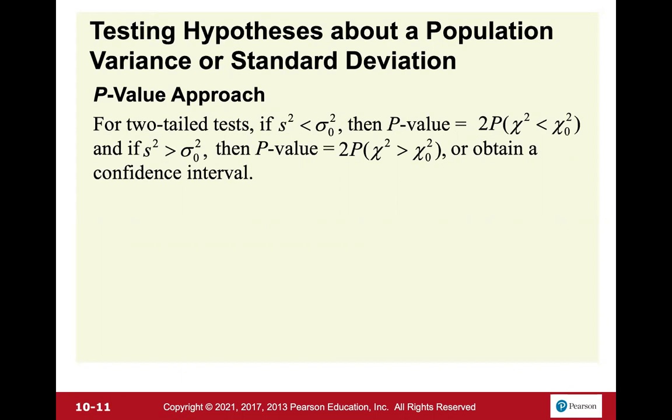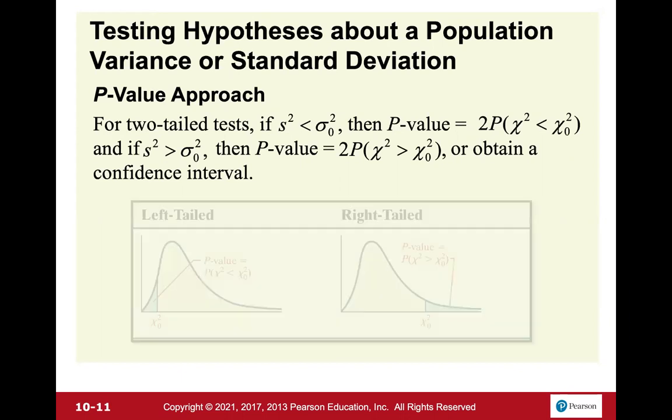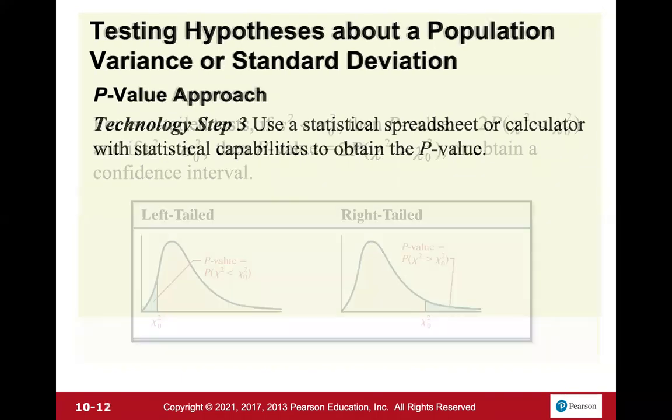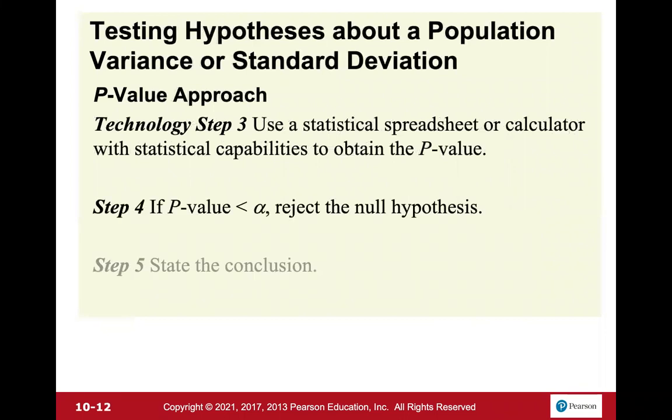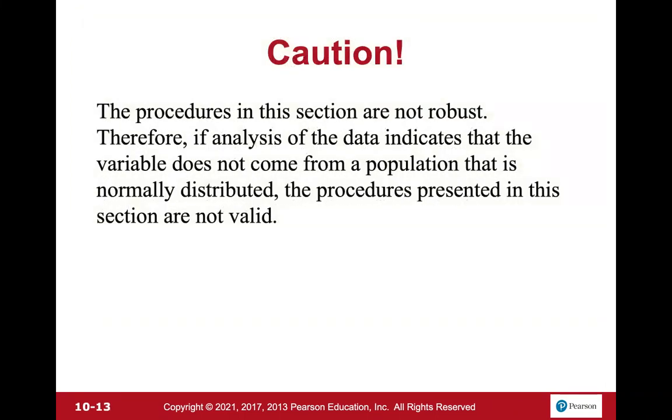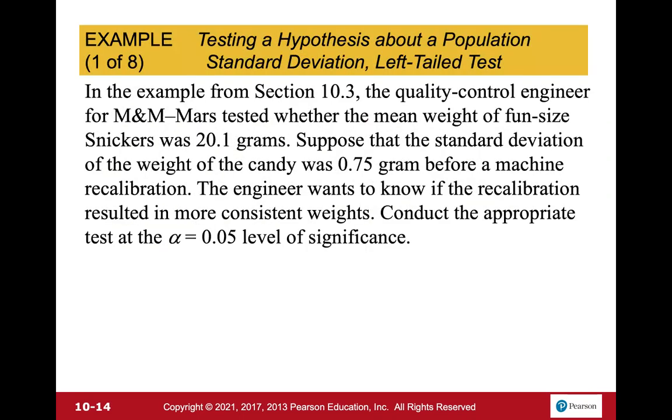If it's not smaller than our significance level, then we do not reject. And that's what we have there. Same thing here: the procedures in this section are not robust. Therefore, if analysis of the data indicates that the variable does not come from a normally distributed population, the procedures presented in this section are not valid.